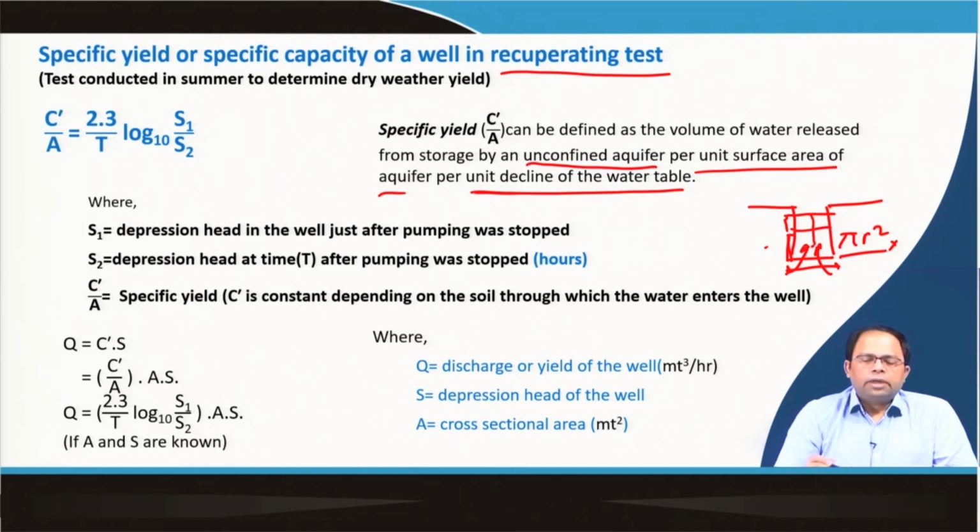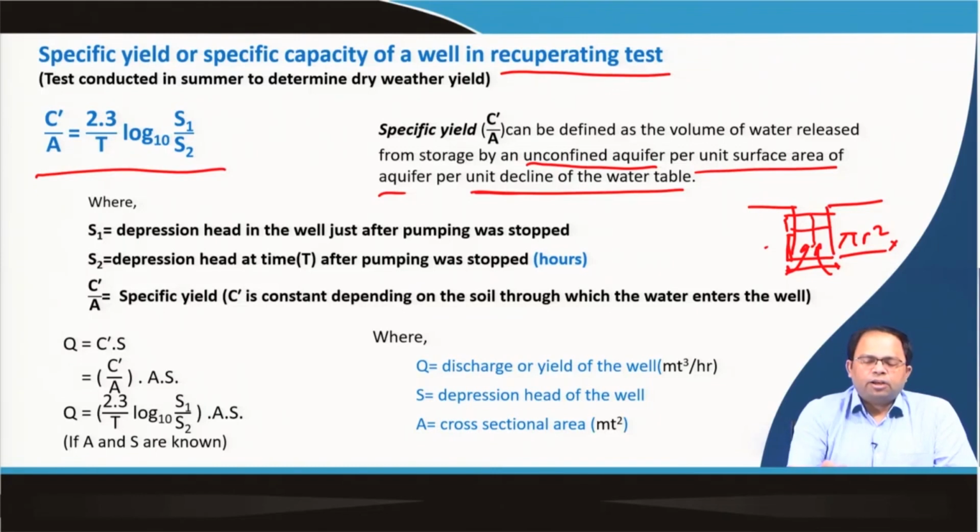So in the recuperating test, what we usually do is we first pump, we see at what level the water is, and then we see how much water will be inside the well after a certain period of time. Then we determine what amount of water entered into the well, and from that we determine the yield of that well. So this is how this has been derived.